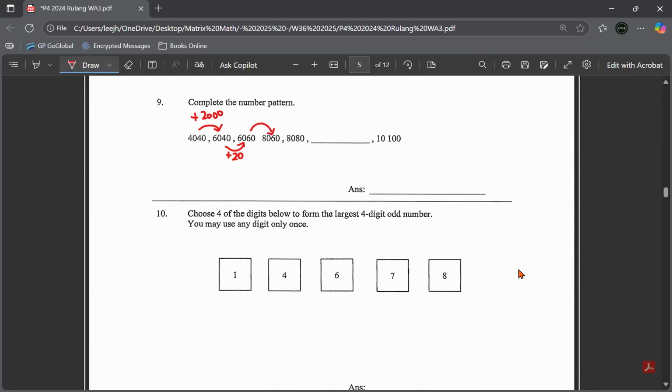So you check from this number to this number, 6,060, how much must it increase to get 8,060? It is plus 2,000. So you can see really, this is plus 2,000, plus 20, plus 2,000, plus 20. So over here also plus 2,000. So what is 8,080 plus 2,000? It is 10,080. So 10,080. Okay.